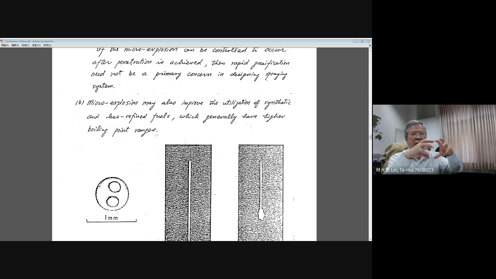They are not easy to gasify and burn. But if you mix them well with other lower boiling point fuel, then you can have this kind of micro explosion behavior, which makes the big droplet break apart and automatically produce small droplets.